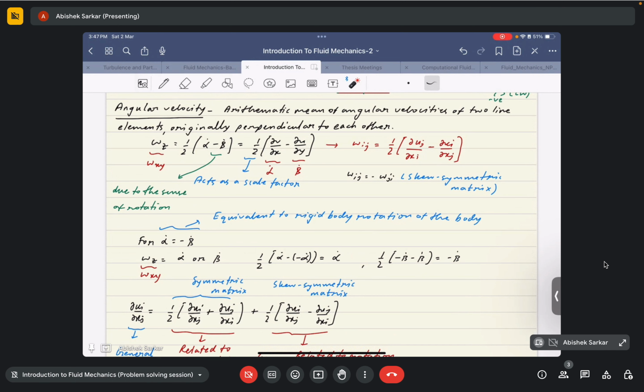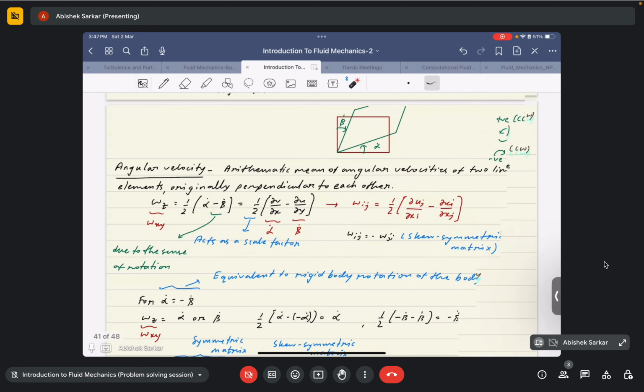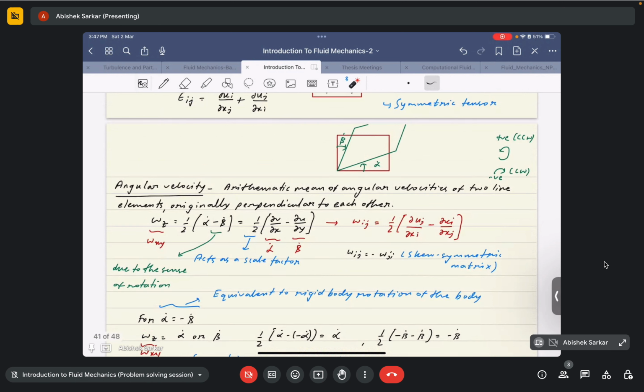But in the case of fluid, it's not that straightforward, as rightly pointed out by Professor Chakraborty. If we look into this diagram, even though there is a rotation, say of this line element, along the counterclockwise direction, that's fine. Again, this line element has a clockwise rotation, and that's fine.